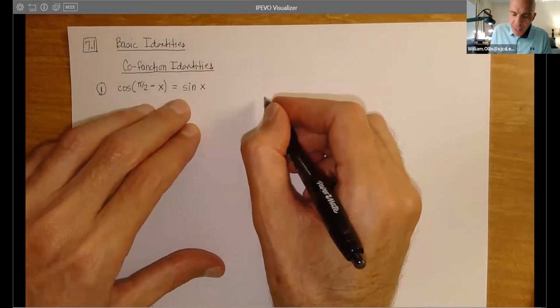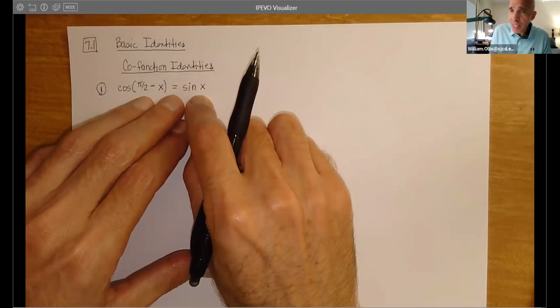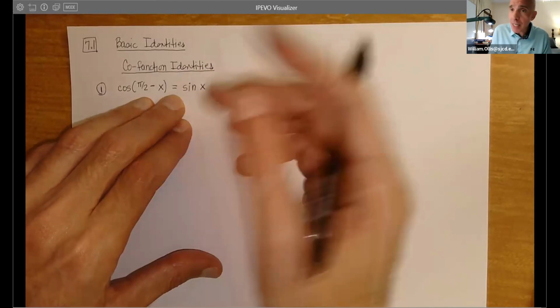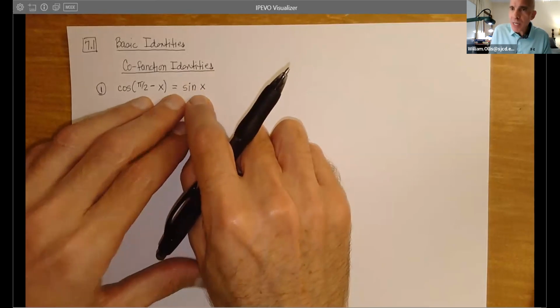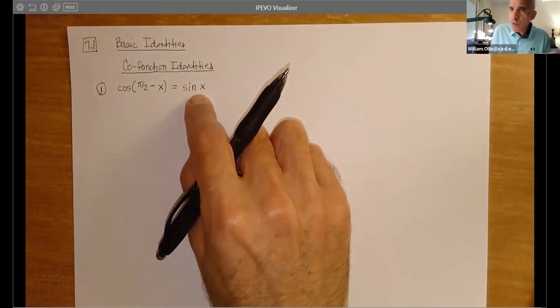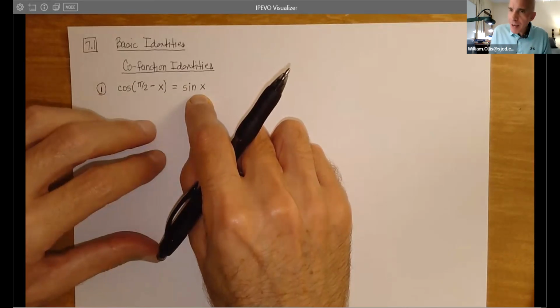When we think about these in terms of the addition and subtraction formulas, we get a more robust feeling for these. But we can always defer to the reference triangle, because everything finds itself back in the first quadrant with the adjustment of sign.